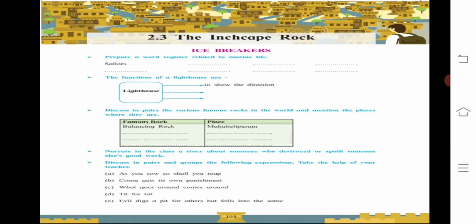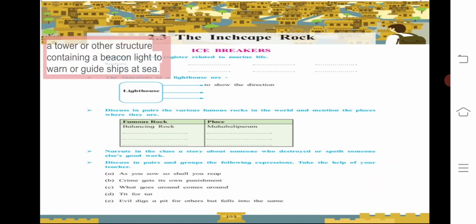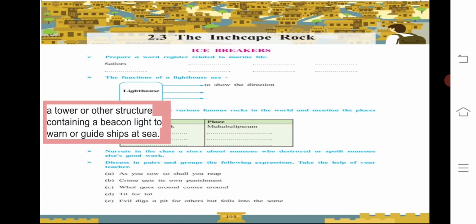To understand the functions of it, first of all, you must know what is meant by lighthouse. Check the meaning of lighthouse here. It's a tower or other structure containing a beacon light to warn or guide ships at sea.